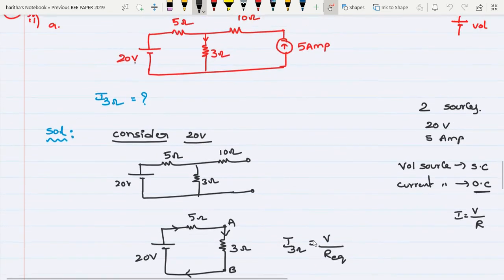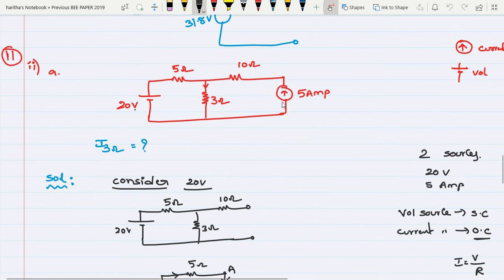So next case is what? You have to consider only 5 ampere source and remove all other remaining sources and find the current passing through 3 ohm. So in superposition theorem, what you have to do? Each and every case you have to consider one source and find out the current passing through that particular resistor. If 4 sources are there, individually consider those 4 sources.